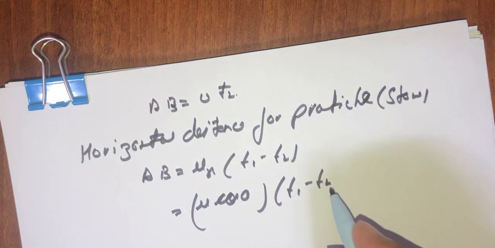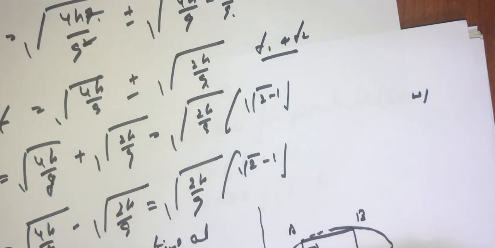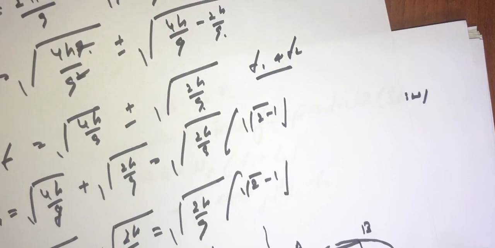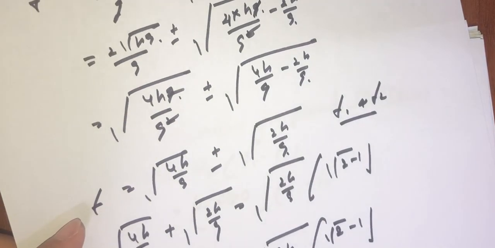Or rather, let me correct it here: let us call this T2 and this T1, because T1 is positive, so T1 will be higher as compared to T2. So now the times T1 and T2. Here also let me make the correction. This will be T2 and this will be T1.